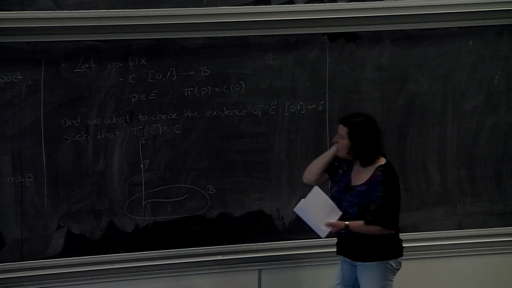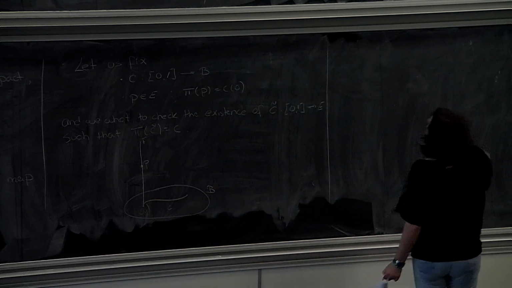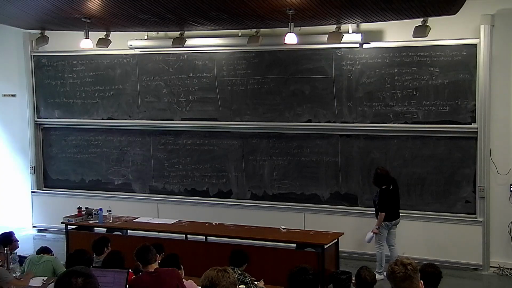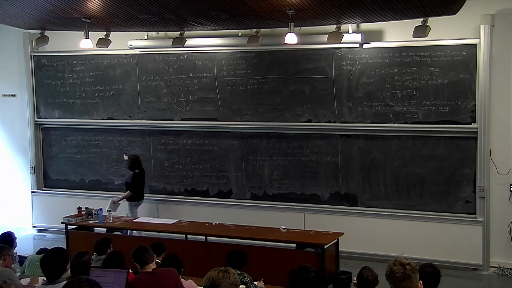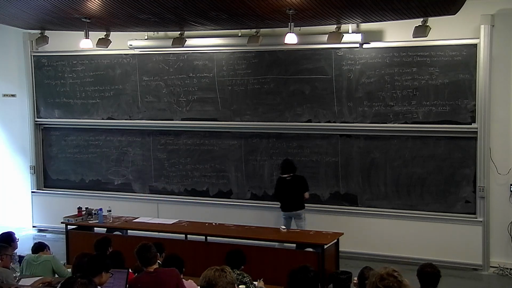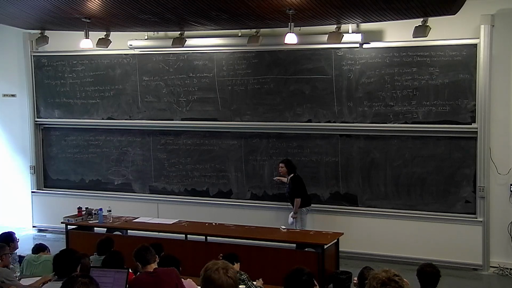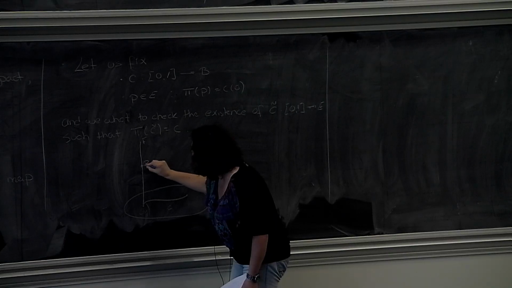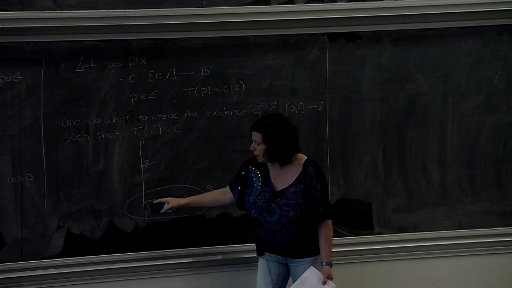And we know from condition A, since we want to prove that A implies B, that PL is a local diffeomorphism. So what does it say? It says that locally we can lift this path. So there is a small path here that I know projects here.